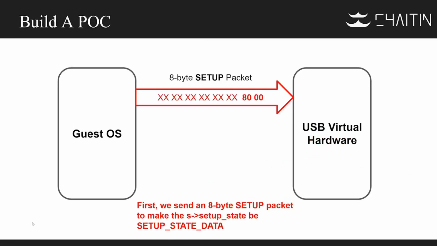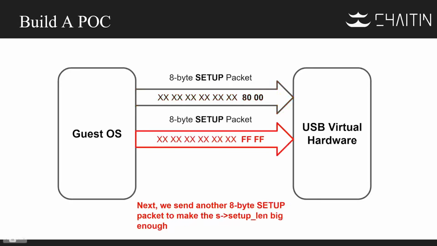So, how do we build a POC? We can build a POC in 3 steps. First, we send an 8-byte setup packet. The 6th byte is 0x80 and the 7th byte is 0. We will set setup state to be SETUP_STATE_DATA after sending it.